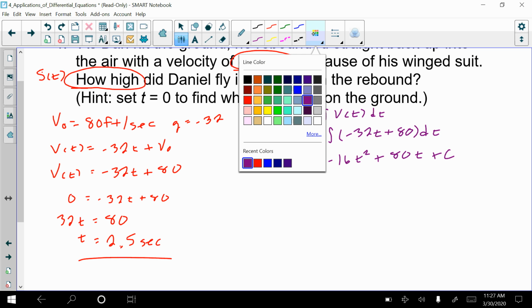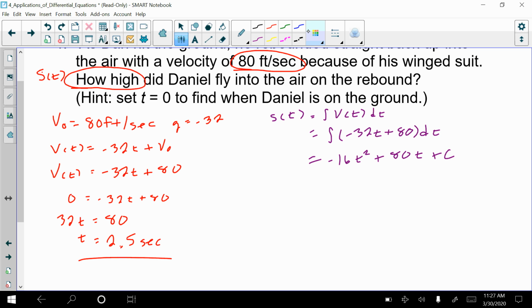Now in this case, what is that constant going to be? Thinking about the problem, he fell down and he hit the ground and he bounced back up at a velocity of 80 feet per second. Because he hit the ground at this point here, the initial height is going to be 0.